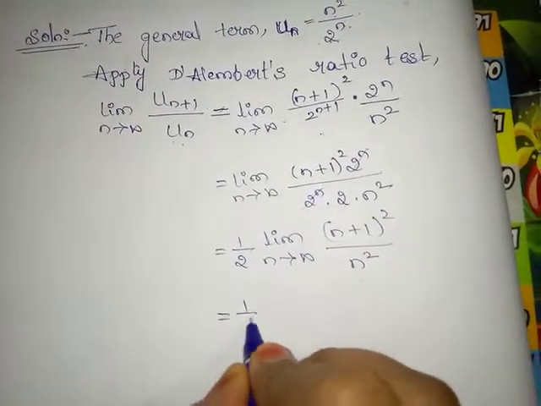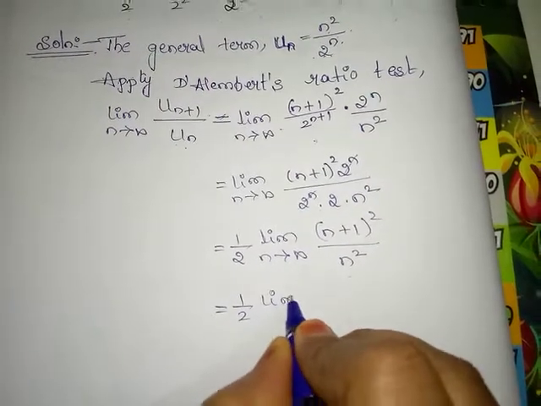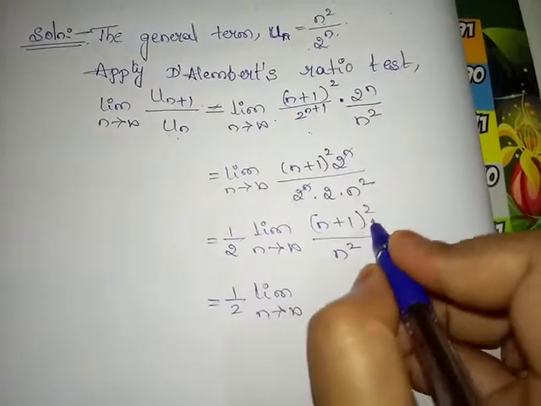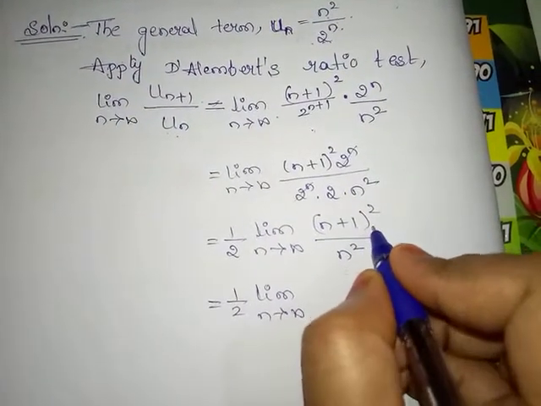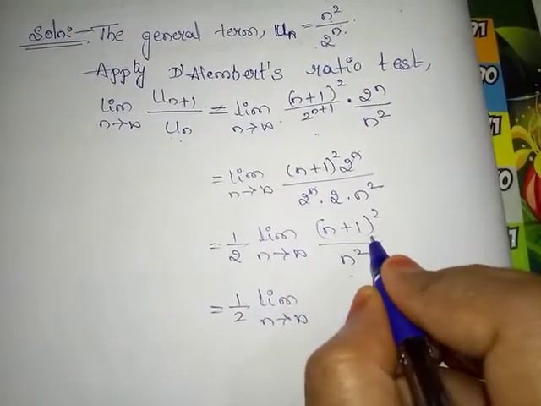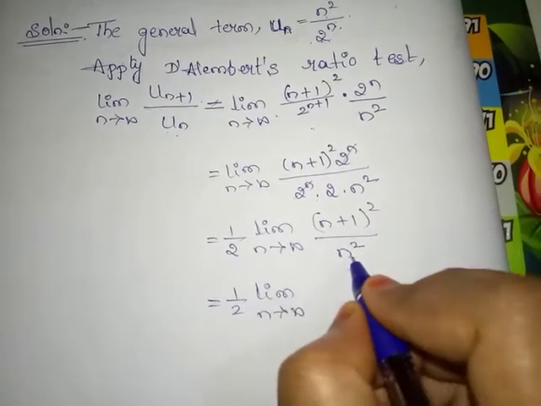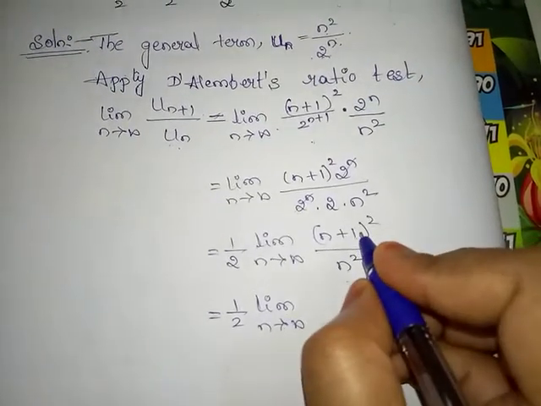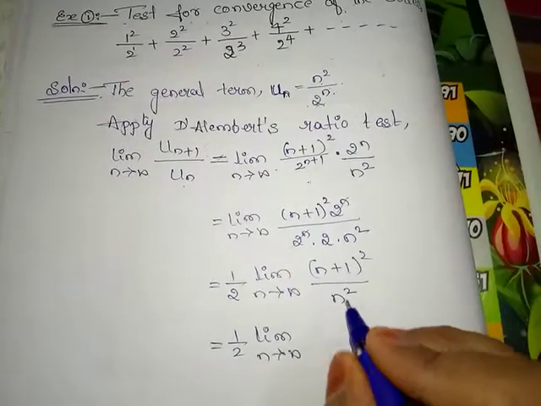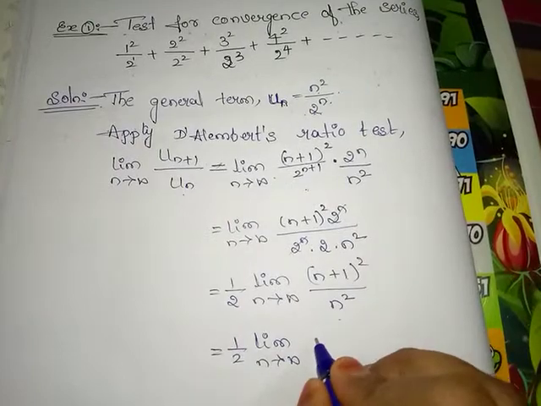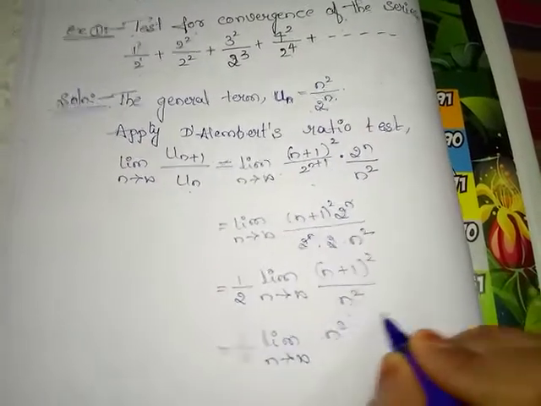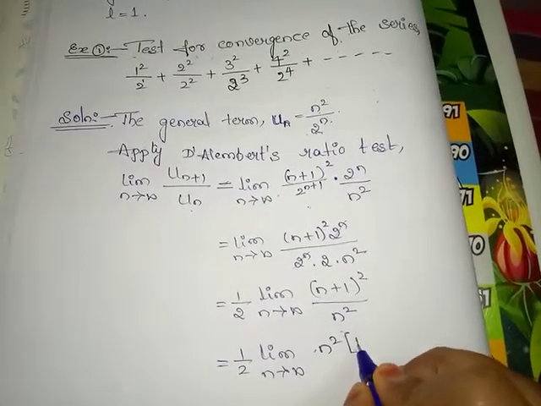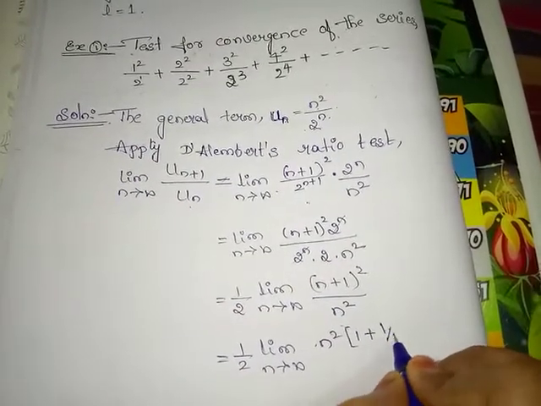So here try to change this term. Here I have 1 by 2 into limit n tends to infinity. See, in this term I will take n square common. When we take n square common, the n square gets cancelled, so we will not get an infinite value here. Since we have a square, I will take n square common: 1 plus 1 divided by n.